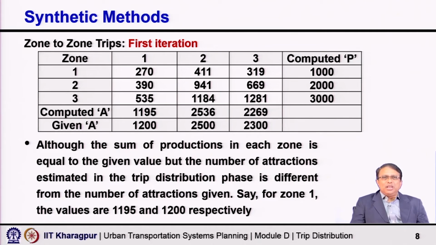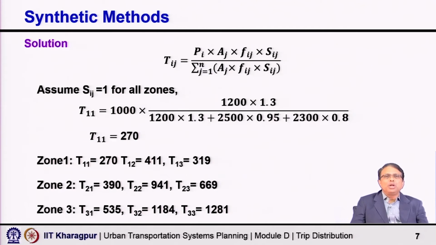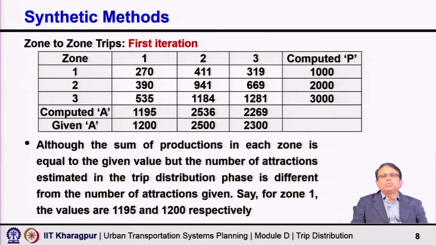Look at these attractions. What do we expect? We expect the attraction of zone 1 to be 1200. That is the value we want, and we have used that 1200 value there, right. But it did not give me 1200. Somehow it gave me somewhat closer, 1195. Still it is better, but for zone 2 we wanted 2500, we got 2536, some deviation.